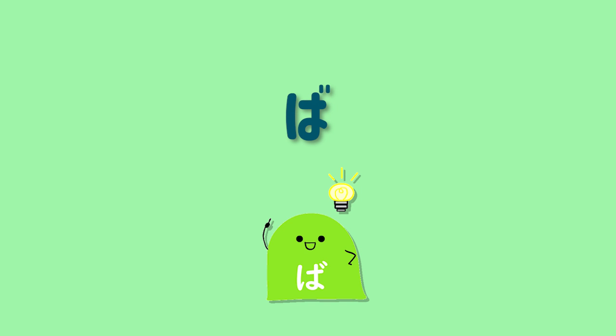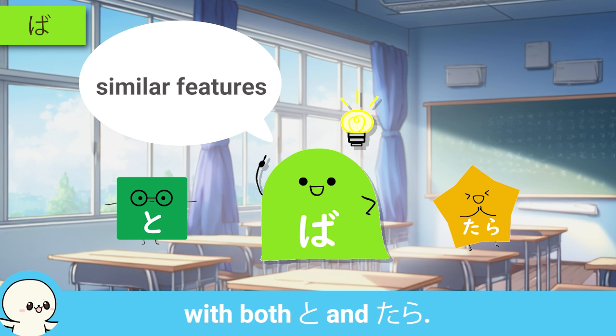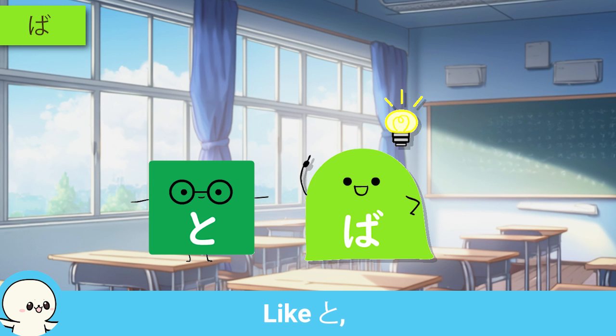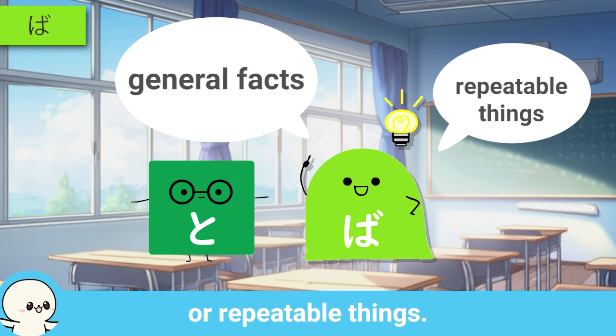Let's move on to the particle ば。ば shares some similarities with both と and たら。Like と、ば can express general facts or repeatable things.